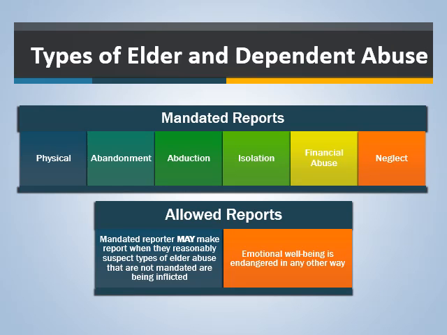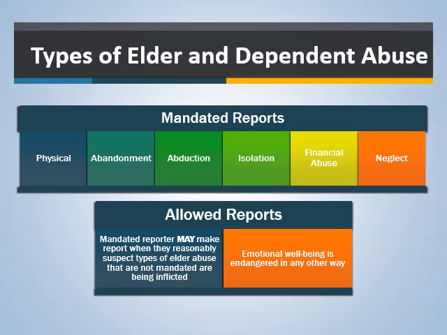Okay, so what are the types of abuse that you can face as an elder or dependent? You've got physical. That's pretty obvious what that could be, but it can also be sexual assaults, lewd, lascivious acts, etc. Also using chemical restraint or medication for punishment beyond what the physician wanted. So you can imagine kids drugging their parents to keep them calm or something.